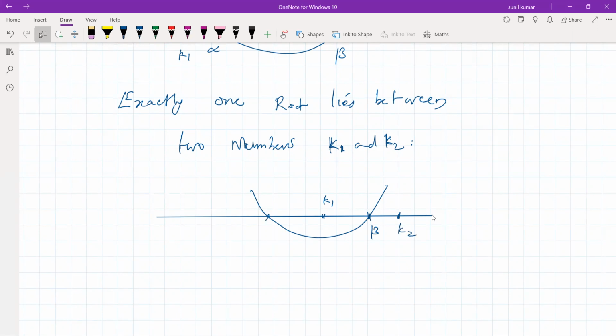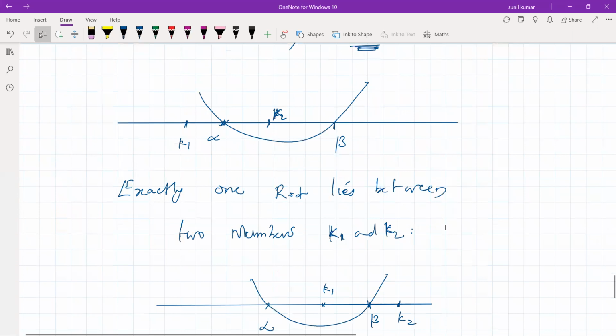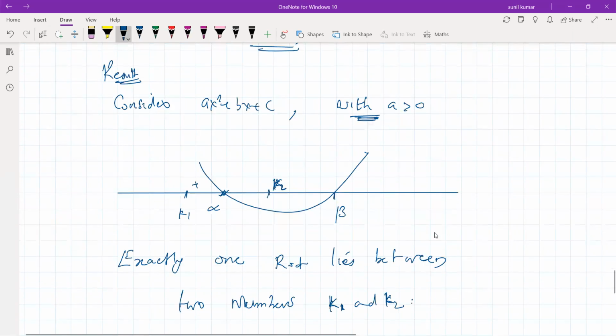In both cases, f(k1) into f(k2) is negative. These values are coming on opposite sides. You see, here f(k1) is positive and f(k2) is negative.